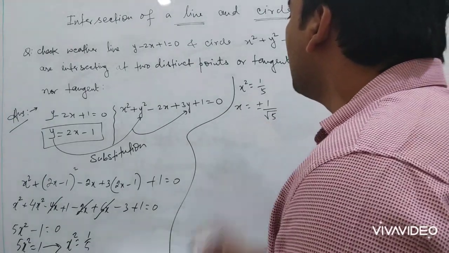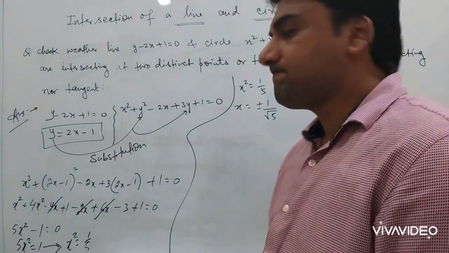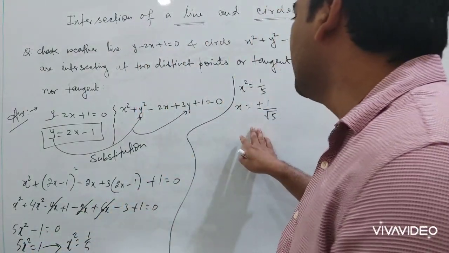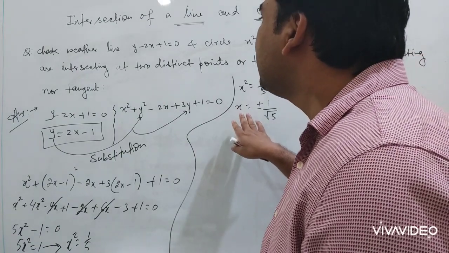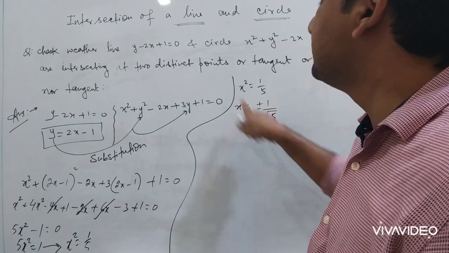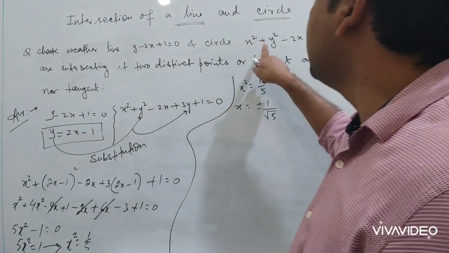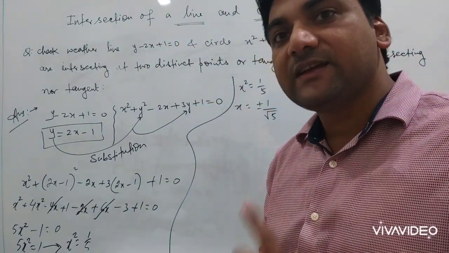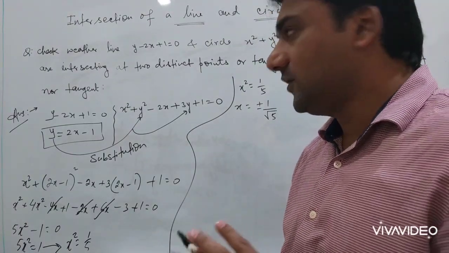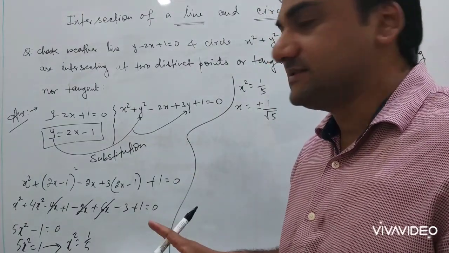Okay, so directly we got x value. Did you understand? We have solved, we got x value, and even y we got, it means this line and this circle will intersect at two distinct points, right? So right now we have already shown this.